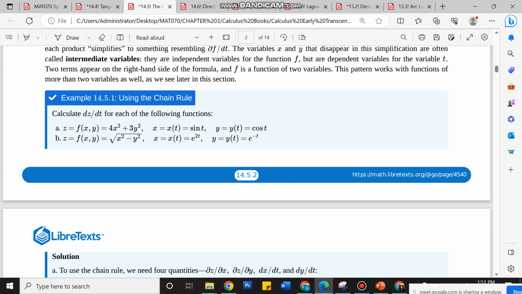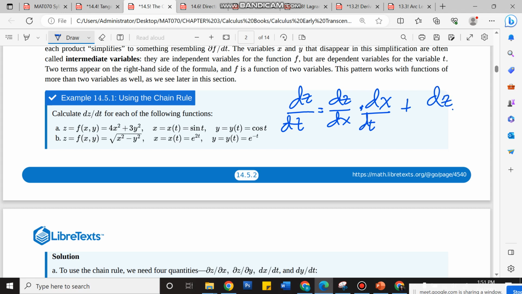Now, suppose we have letter A dire sa atong chain rule. We will find the derivative of z with respect to t. So, we start with the derivative of z with respect to x and the derivative of x with respect to t, plus the derivative of z with respect to y and the derivative of y with respect to t.